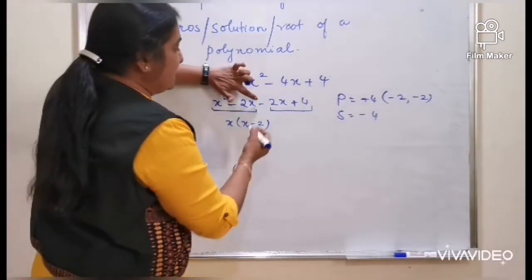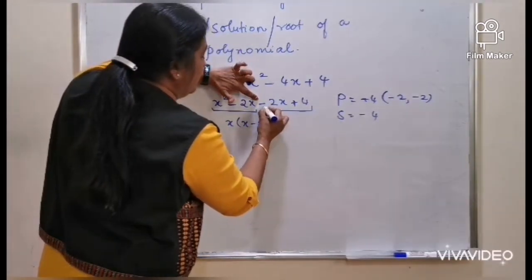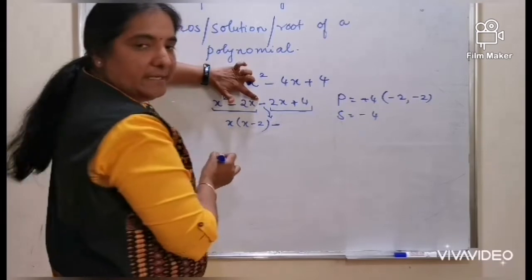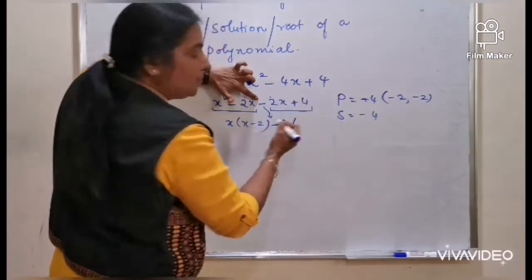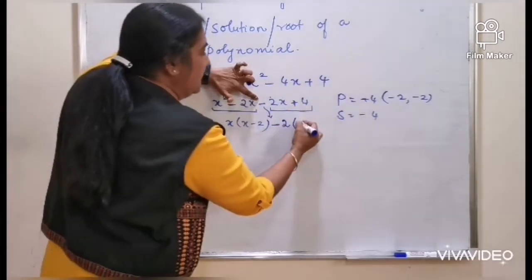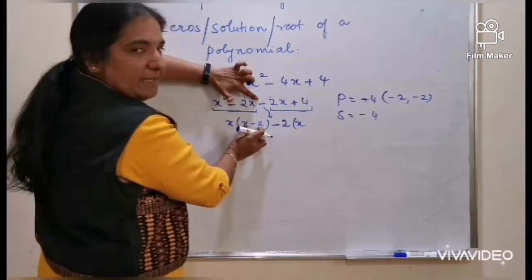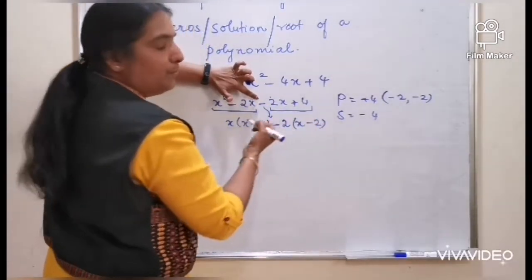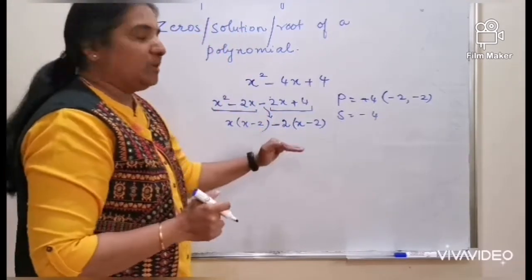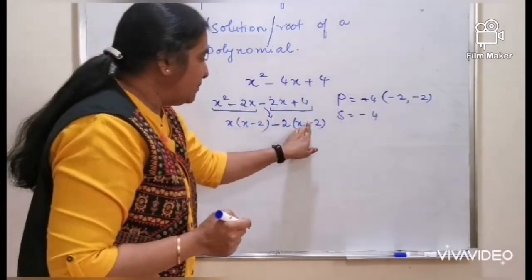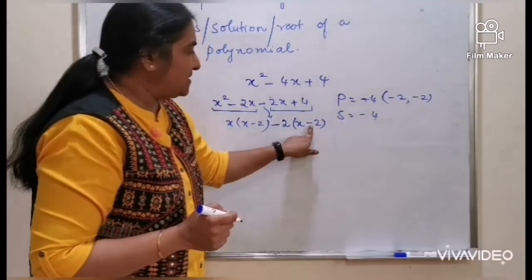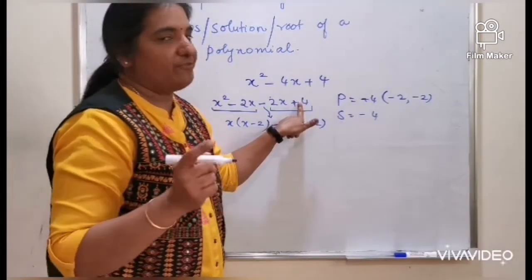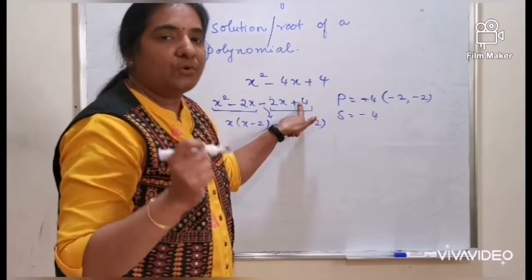When you reach this step, please make sure you are bringing the same sign down. For minus 2 and minus 4, the common factor is minus 2, and you can just copy this x minus 2. What will happen is, if you put x plus 2 here, minus 2 into plus 2 is negative 4. Thus, your factorization will go wrong.